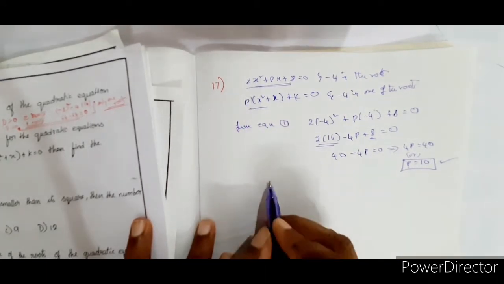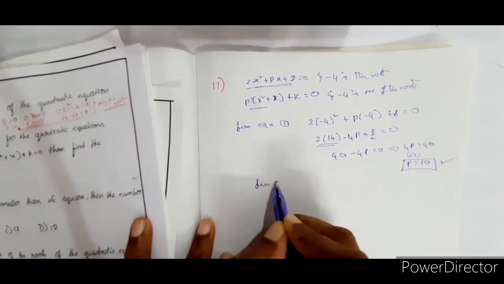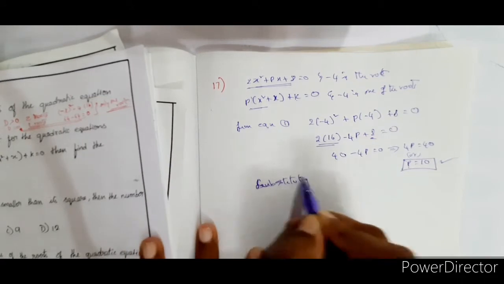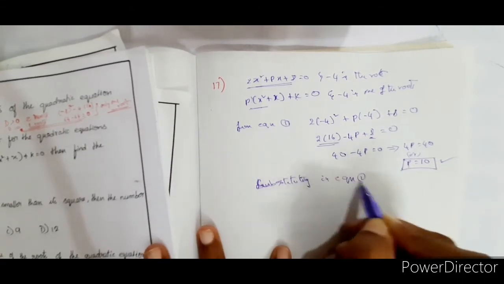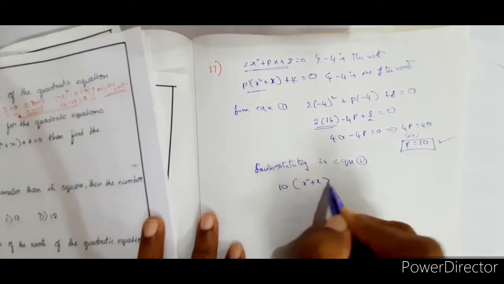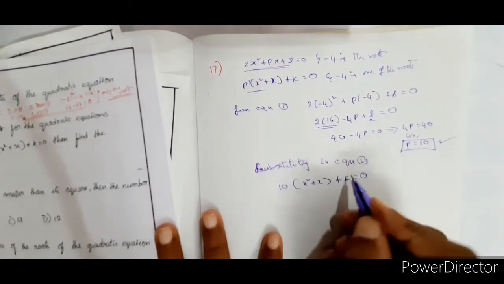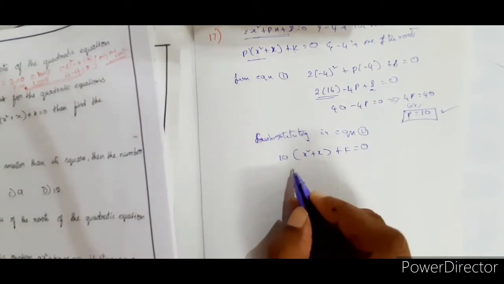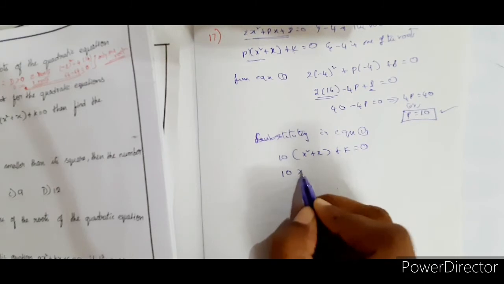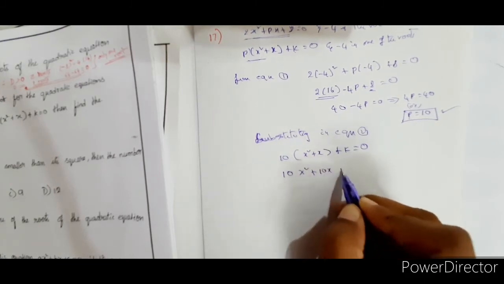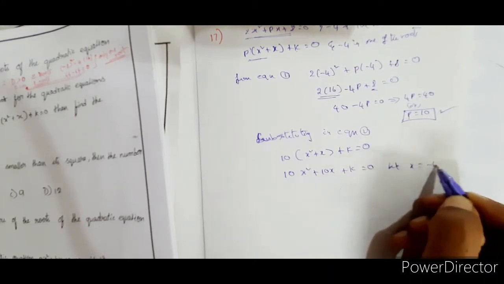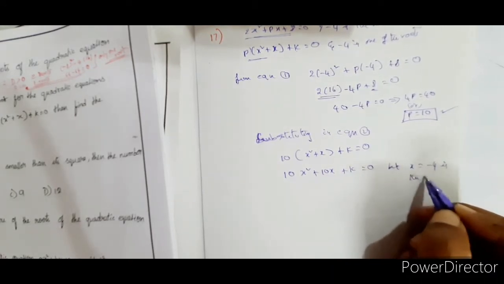Substituting in equation 2, we have 10 into x square plus x plus k is equal to 0. So that is 10x square plus 10x plus k is equal to 0. But x is equal to minus 4 is the root, is it not?